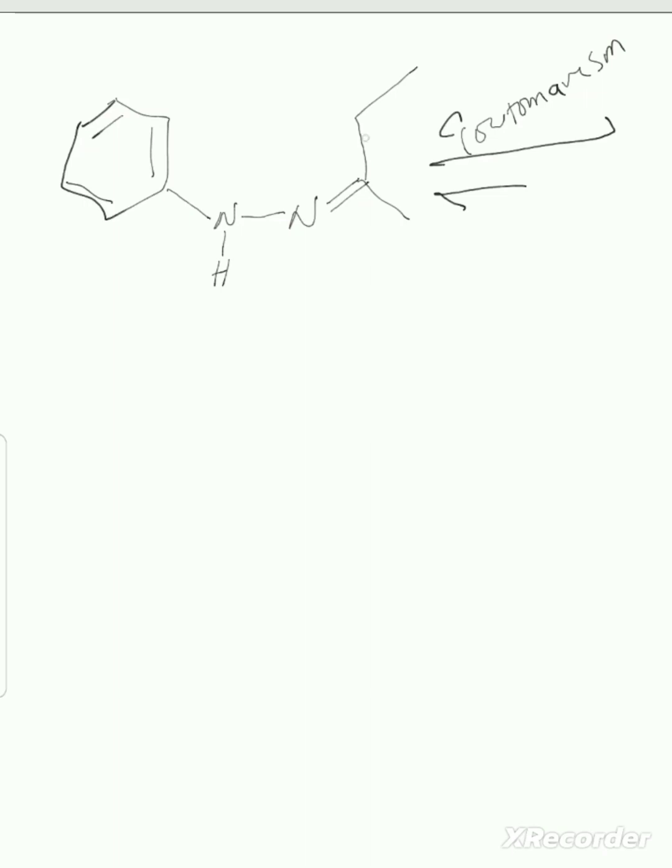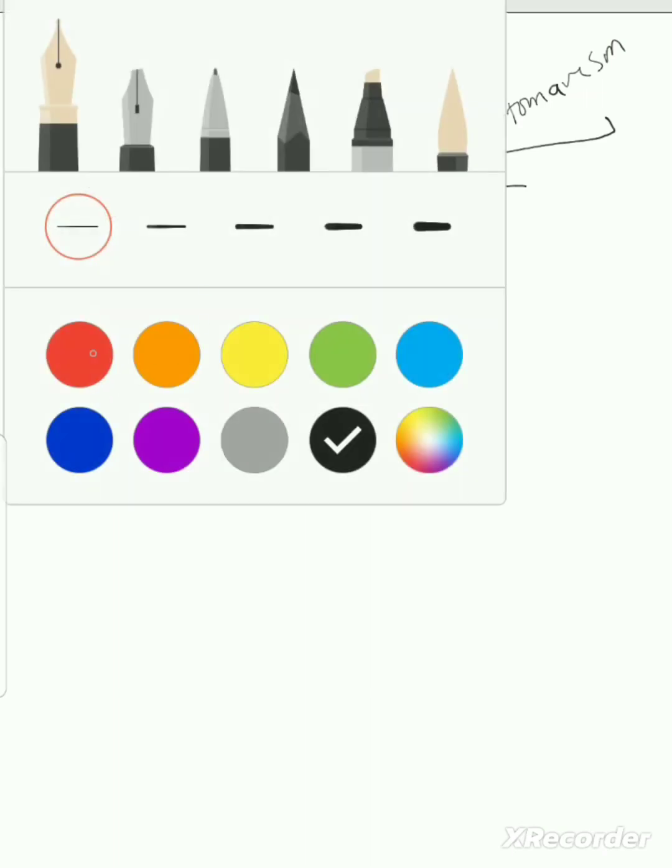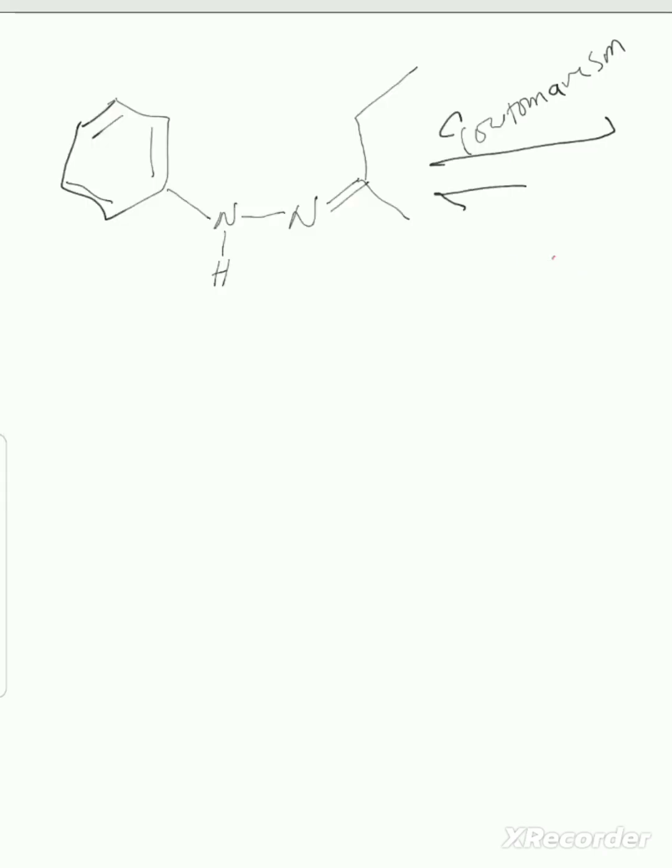So here, this tautomerism means that this bond which is on the nitrogen and the carbon will shift to the carbon to carbon, and the hydrogen which is here, you know there are how many hydrogens here? There are 2 hydrogens. So since there are 2 hydrogens, when you bring a double bond there, another hydrogen will shift to nitrogen like that.